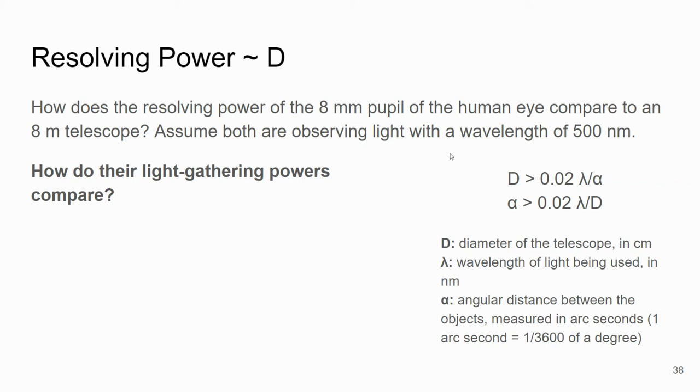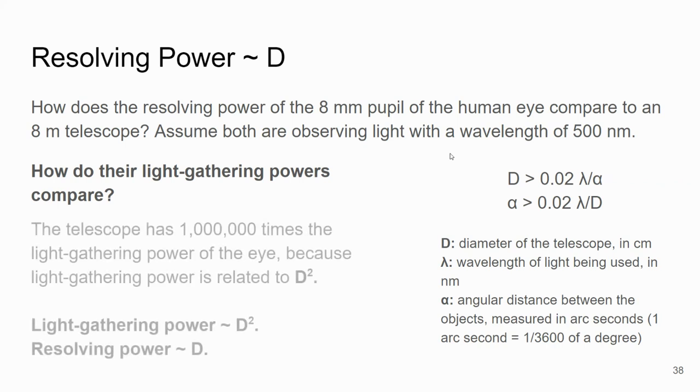How does light gathering power compare? Well, remember from the first part, light gathering power is related to the area of the thing, and the area is proportional to either the radius squared or the diameter squared. So light gathering power goes as diameter squared.